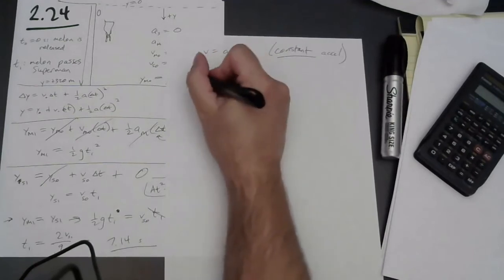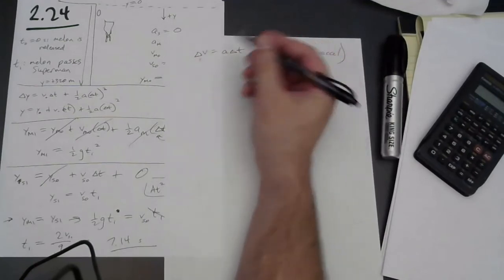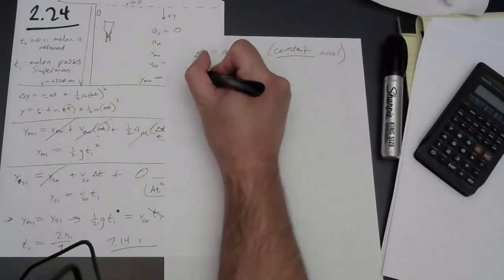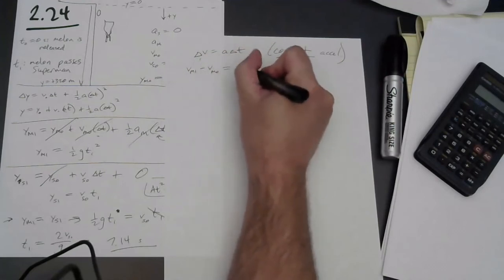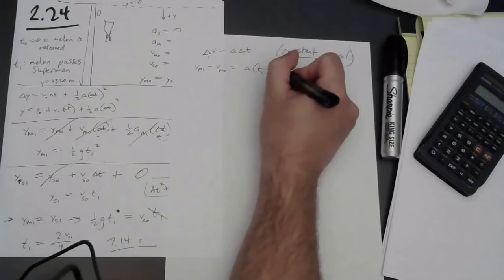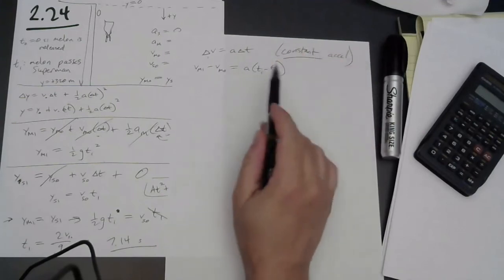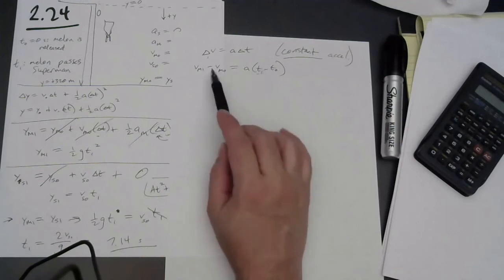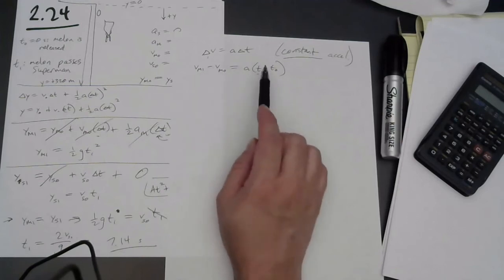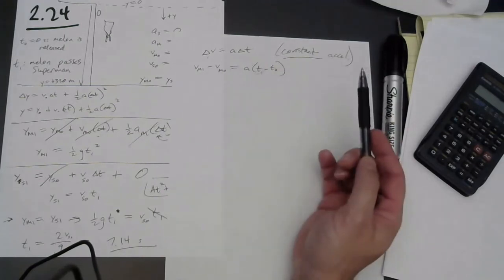So this really says velocity final minus velocity initial. How do we do this? This is the velocity of the melon at time 1 minus the velocity of the melon at time 0. And this would be t1 minus t0, right? The time interval corresponds, the velocity at time 1 corresponds to time 1.